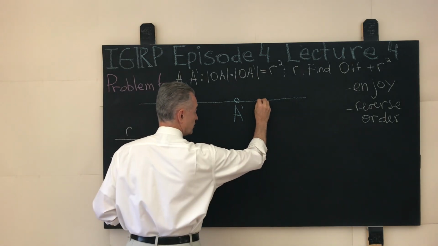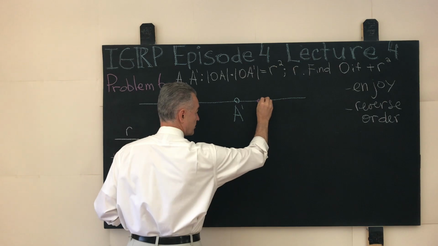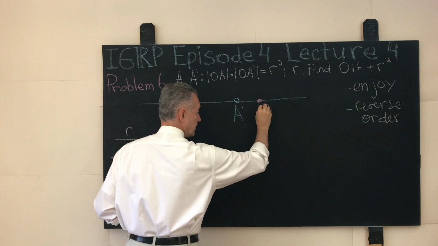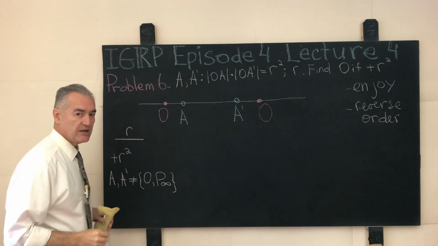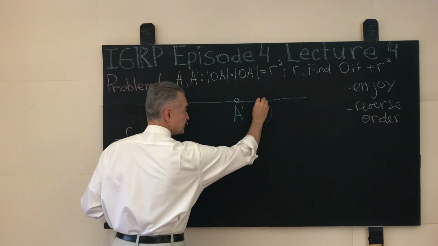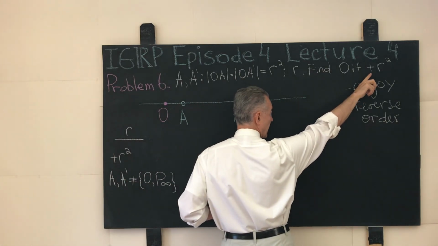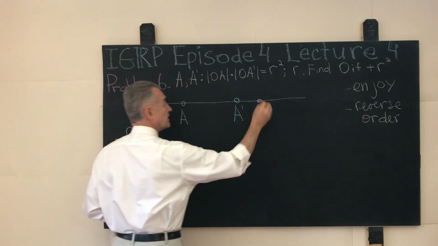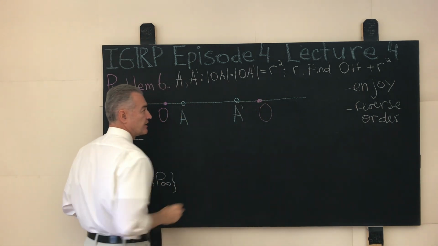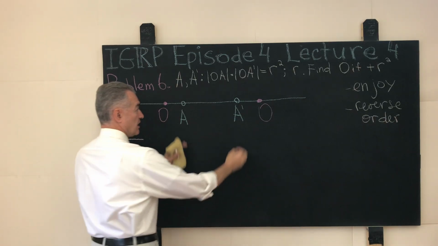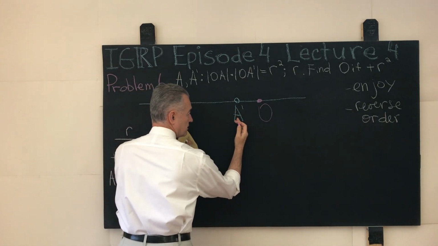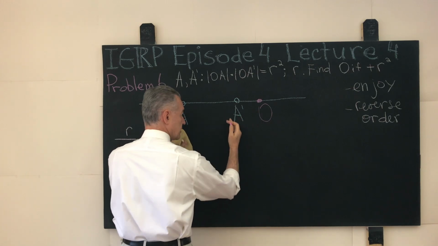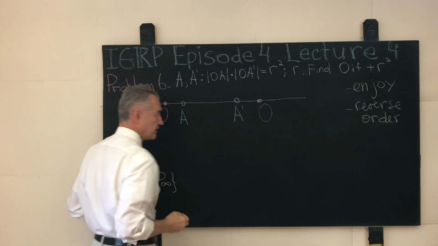That means that the only other option is that the center of inversion, O, can be located on this side. And does this location satisfy the definition of the positive power of inversion? Yes, it does, because if we assume for a moment that this point is the center of inversion, then the given points are located on the same side of the center of inversion, so everything is good.